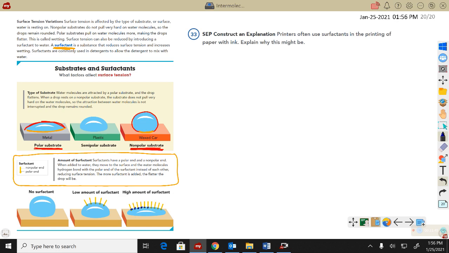So right there, our surface becomes more wet because the water will spread out among the surface. But now enter a fat or a grease or an oil. And so here on the bottom is the polar region of the surfactant. And then on the top, this would be the nonpolar region. It's almost like these surfactant molecules become a connector between the polar water and a nonpolar oil, where the polar end can attach to the water molecules.